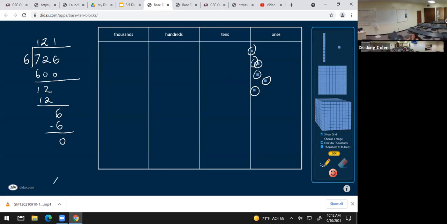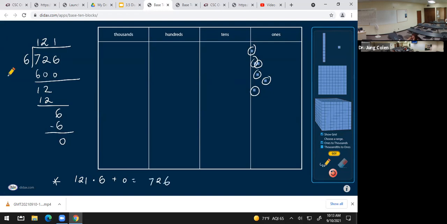Okay, here I want you to check your answer. How can we do that? 21 times 6. Yeah, so the quotient times the divisor plus the remainder. In this case, we have nothing, so plus 0 has to be what? 726.